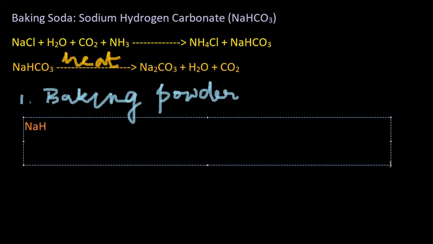This baking soda reacts with the hydrogen ion in the acid, and it produces carbon dioxide gas, some amount of H2O, and some salt of sodium.